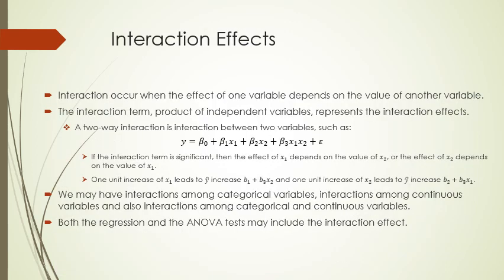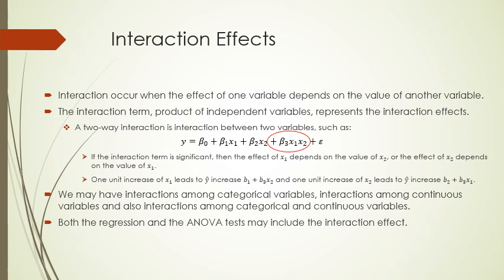The linear regression model may contain higher order terms, such as the interaction term. Interaction occurs when the effect of one variable depends on the value of another variable. In the linear model, the interaction effects may be represented by the interaction term, which is the product of independent variables. Below, the circled term is a two-way interaction term.